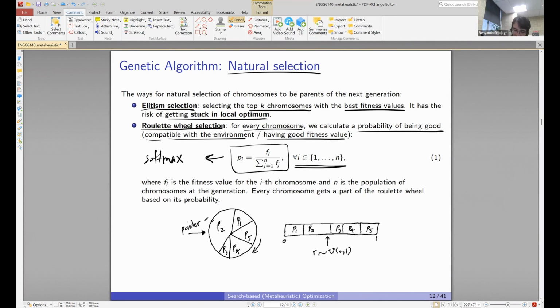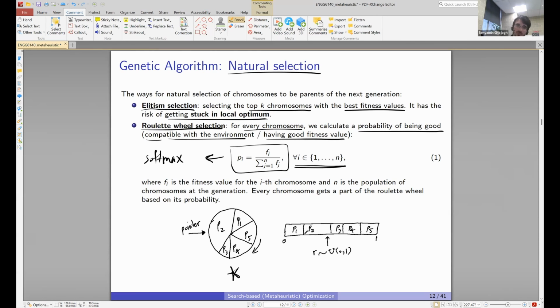And we have this pointer. Then we rotate this roulette wheel randomly, and this pointer will choose one of these. So the one which has higher probability has more chance to be selected by the pointer. And how do we implement this in the code in the computer? We can have these next to each other to be in the range between 0 and 1 because they sum to 1.